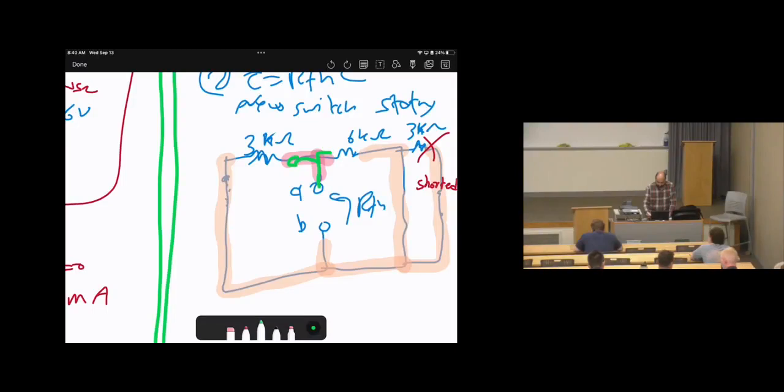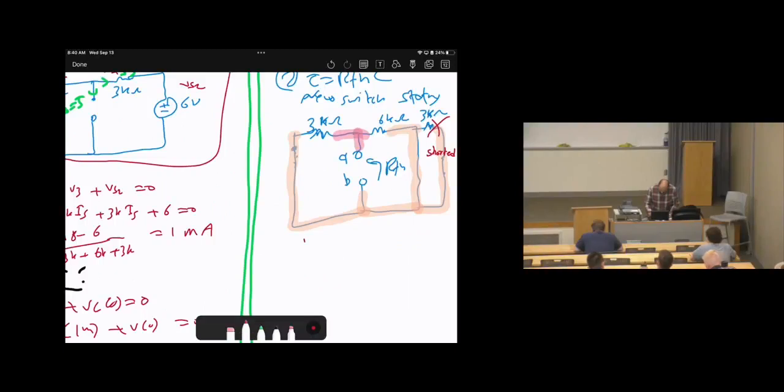Then 3 kilo and 6 kilo are in parallel. So our R Thevenin will be 3K parallel with 6K, which is 3 times 6 over 3 plus 6. So the answer will be 2 kilo ohms. And don't forget the K, kilo ohms.